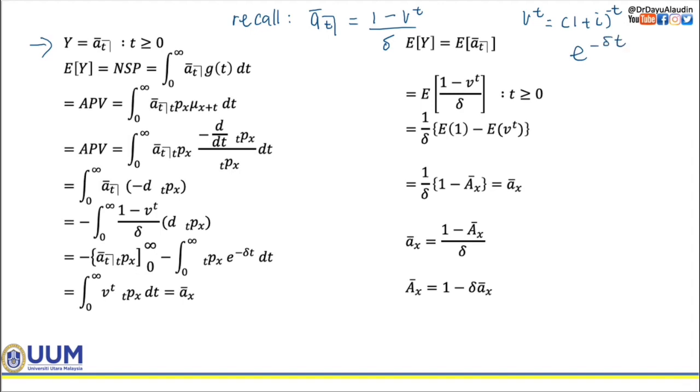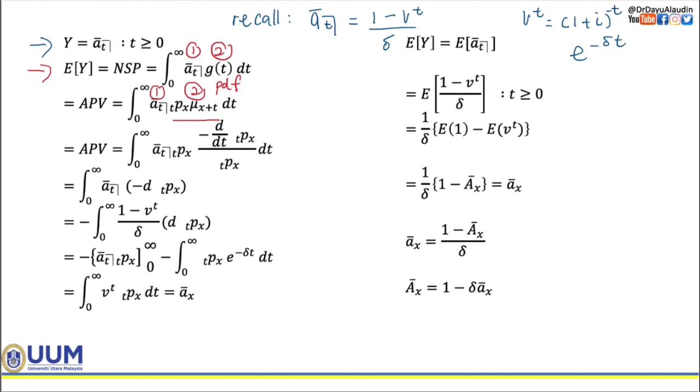So in annuity, it comes from the present value random variable. To find the expected value for Y, we have to integrate. Like life insurance, we have two components here: the present value component and the g(t) or the PDF. This is for present value and this is for PDF. We can write it in terms of tpx times mu x plus t.